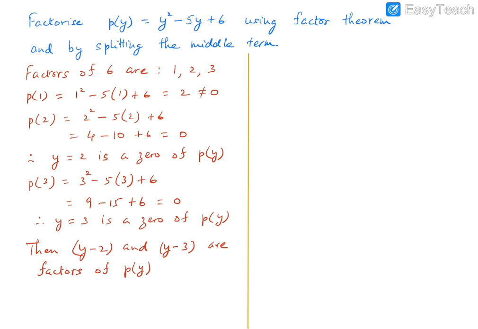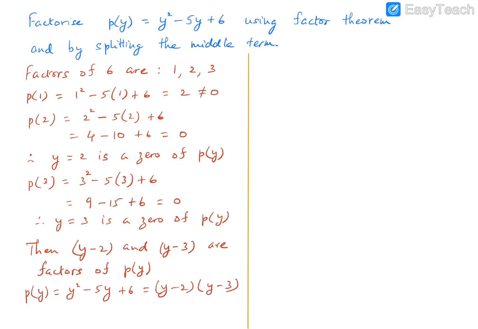Therefore we can write p of y equals y square minus 5y plus 6 as a product of its factors, which is y minus 2 into y minus 3.